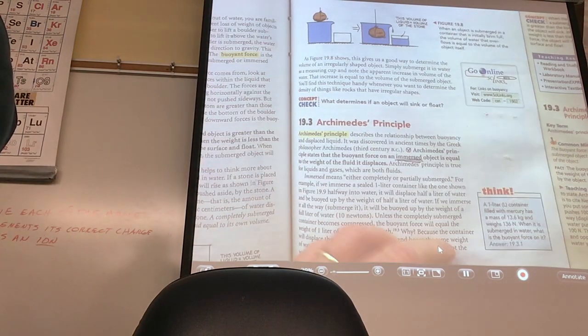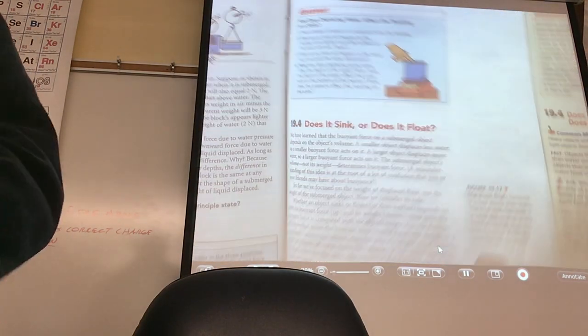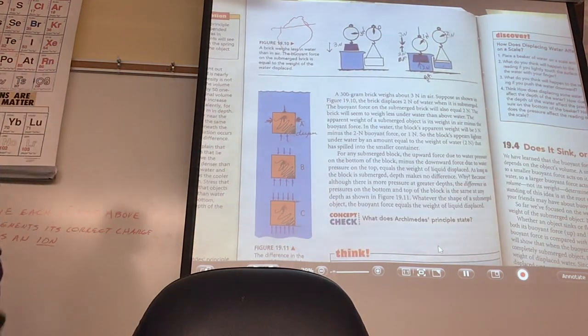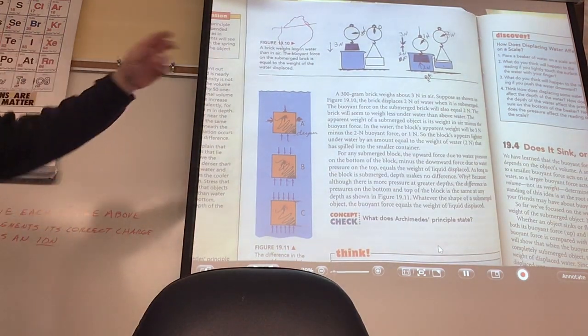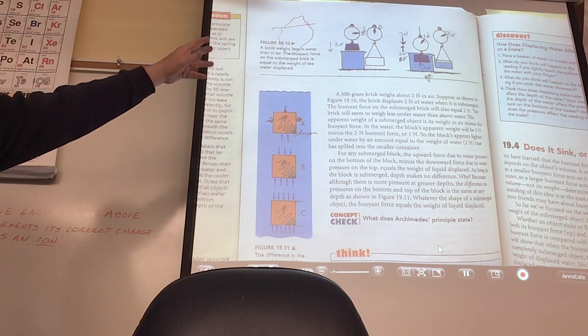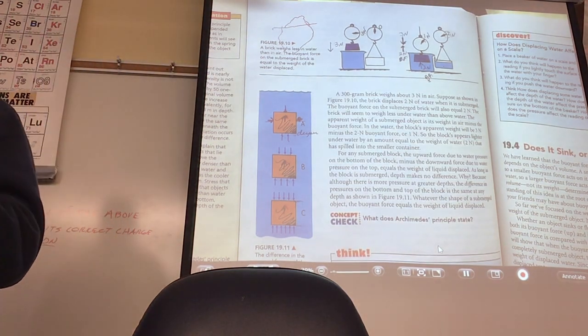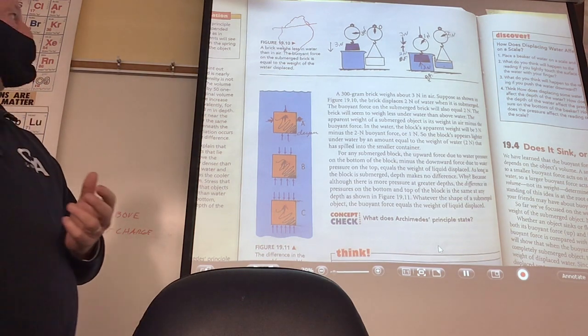All right. Excuse me. So what I want to do is make sure we get this other material. Archimedes' principle, one more time. Here's an object that seems to weigh 3 newtons. That means the Earth is pulling on it down with 3 newtons of force. So it weighs 3 newtons.